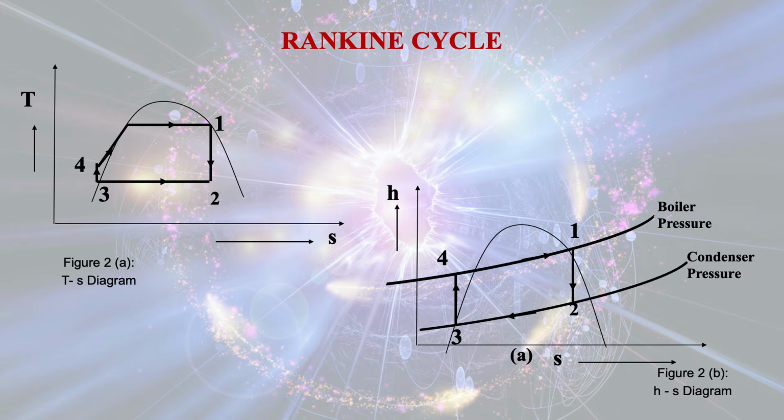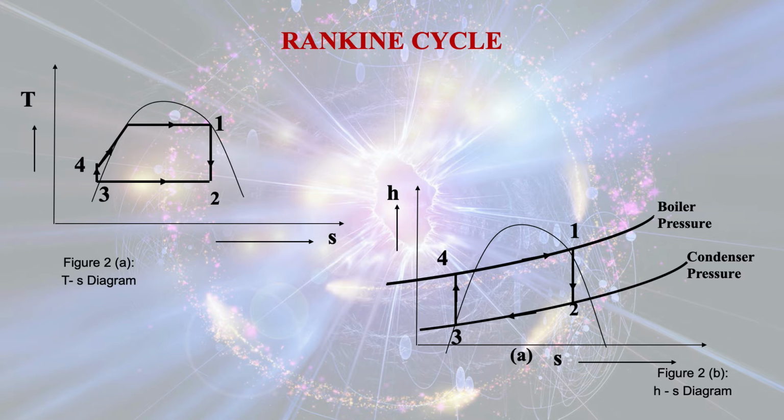So work done by the turbine is H1 minus H2, and the heat given out in the condenser is H2 minus H3, and the pump work is H4 minus H3, and heat addition inside the boiler into the working fluid is H1 minus H4.